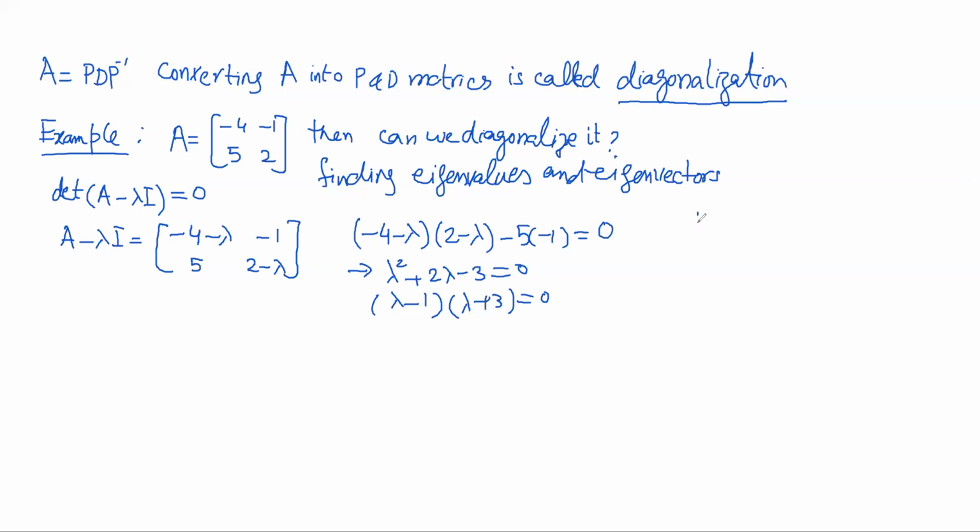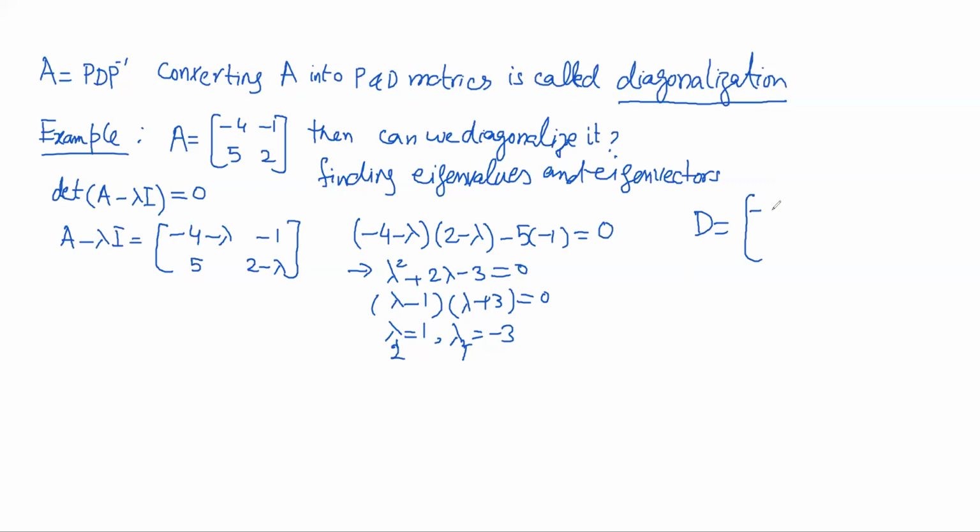Therefore, our diagonal matrix will correspond to these eigenvalues. So lambda is equal to 1, we say it is lambda 1, and lambda is equal to minus 3, we say it is lambda 2. Or maybe, because minus 3 is less than 1, we can say that minus 3 is lambda 1 and 1 is lambda 2.